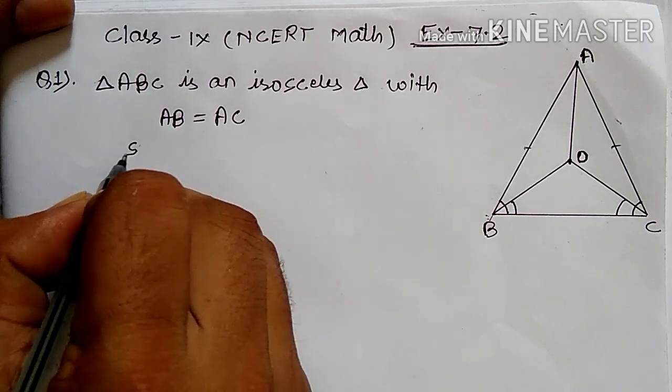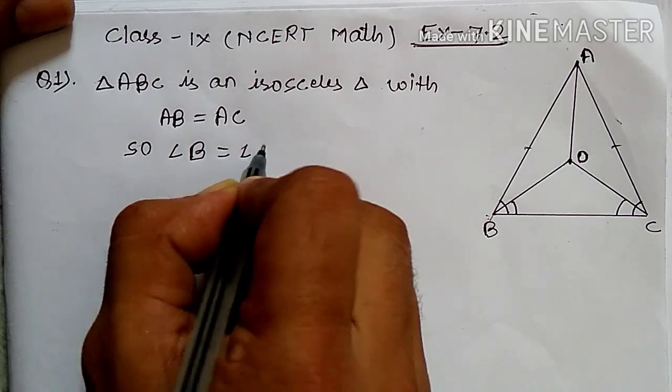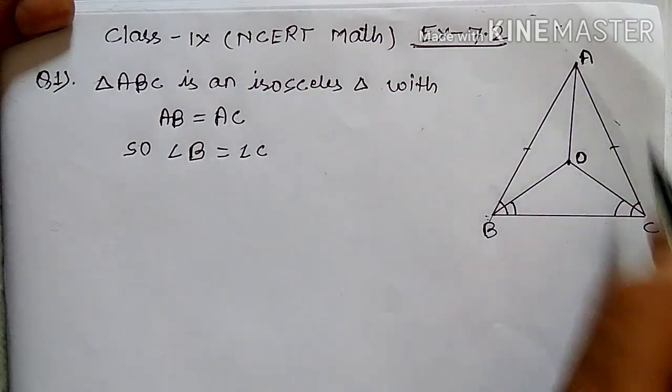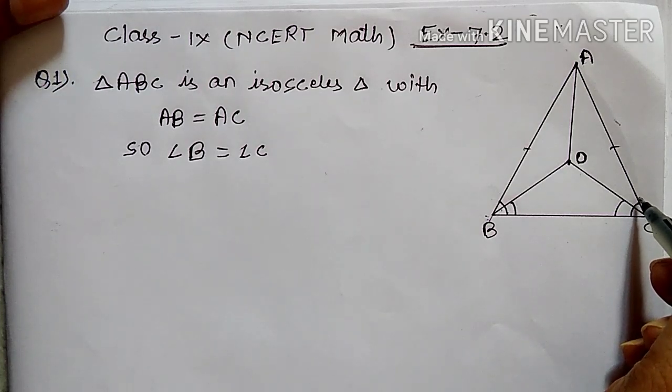So angle B is equal to angle C. If AB is equal to AC, then angle B is equal to angle C. It is from the property of the isosceles triangle.